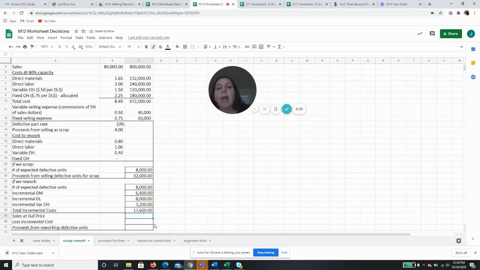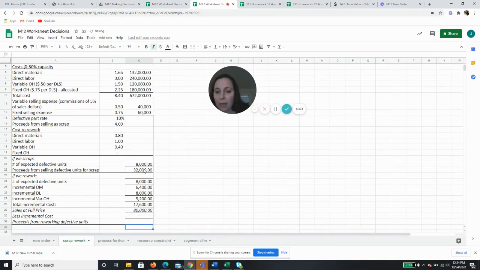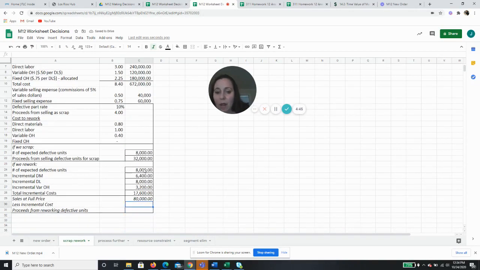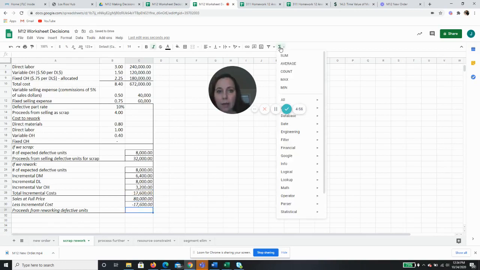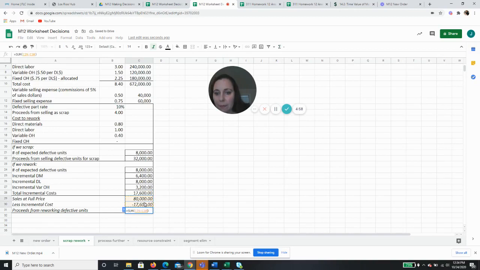$17,600. Now, if we rework it, we're assuming we can sell it at the full price, the full $10 a unit. So to sell it at the full price would be 8,000 units times $10 a unit, because that's our full price. We calculated that on the sheet before, less the incremental cost of $17,600, and we add that up.